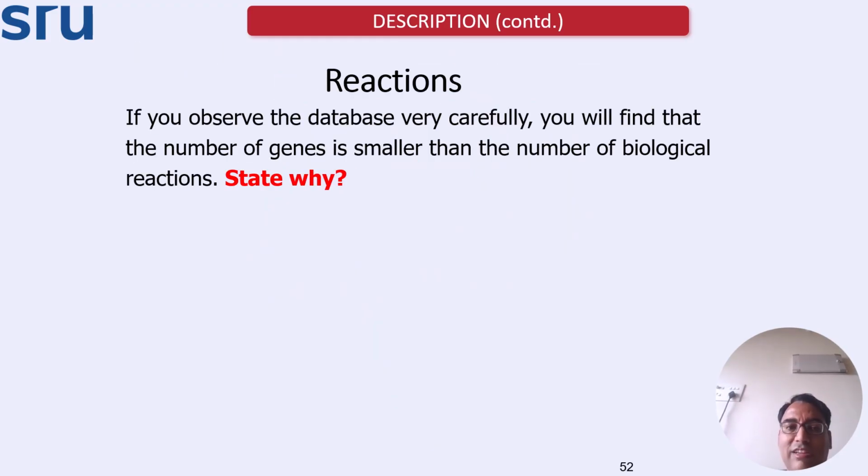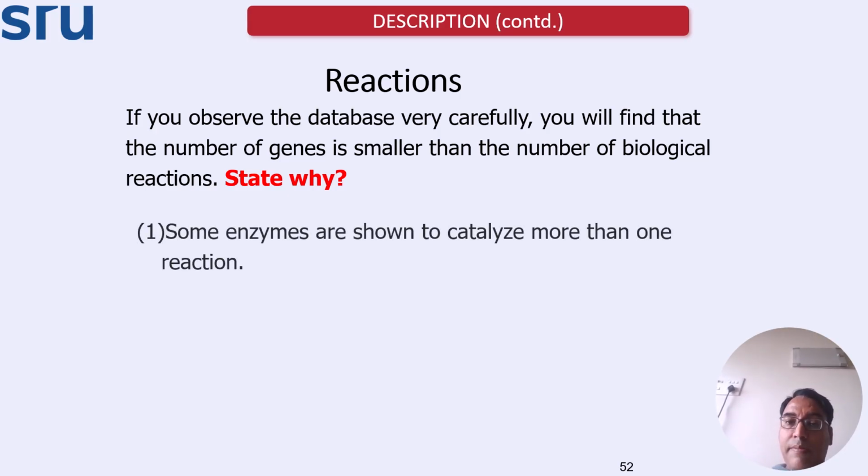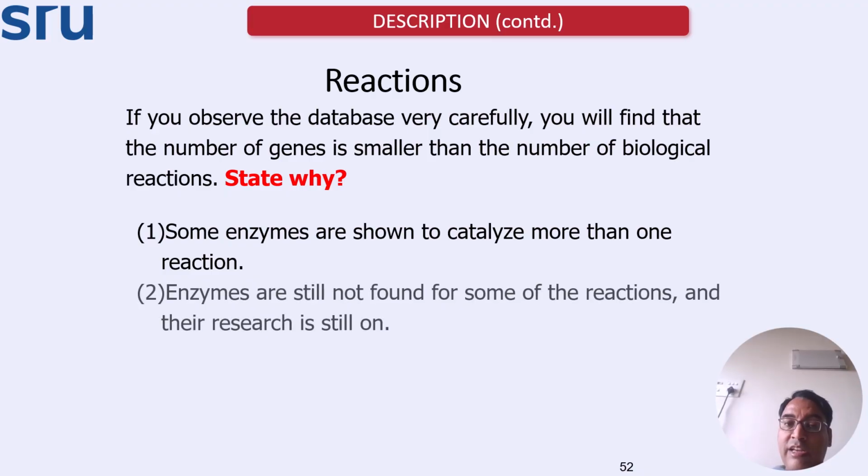Now tell me the answer. See, if you observe the reactions very carefully, you will find that the number of genes is smaller than the number of biological reactions because multiple genes are involved in several different pathways, several different reaction steps. Okay. Enzymes are still not found for some of the reactions and the research is still going on.